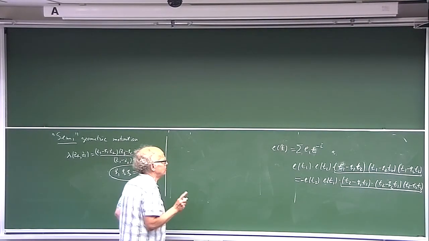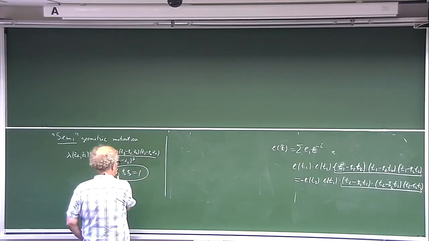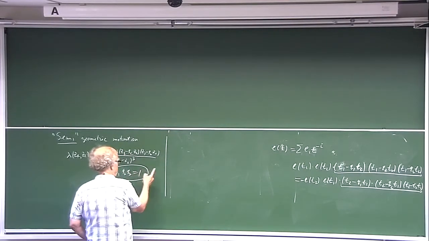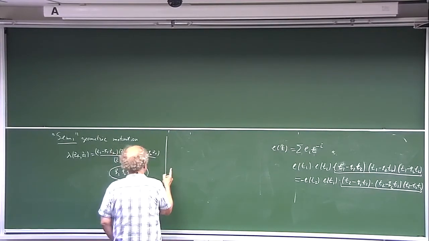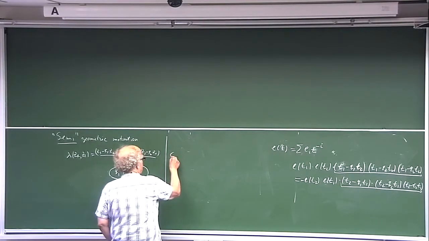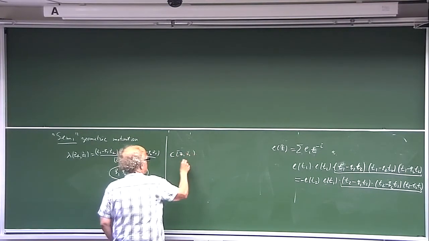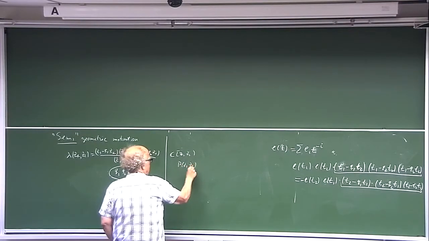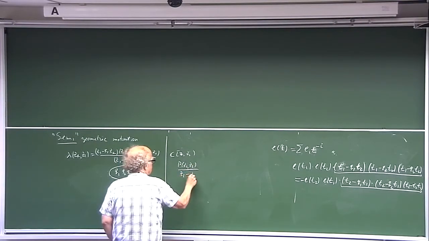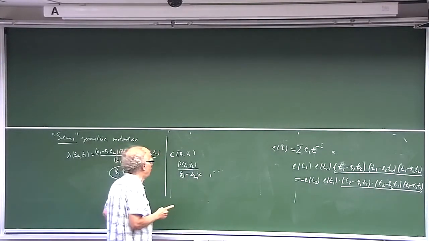But the description of the algebra is what? Polynomial in one variable, then polynomial in two variables, in three variables and so on.